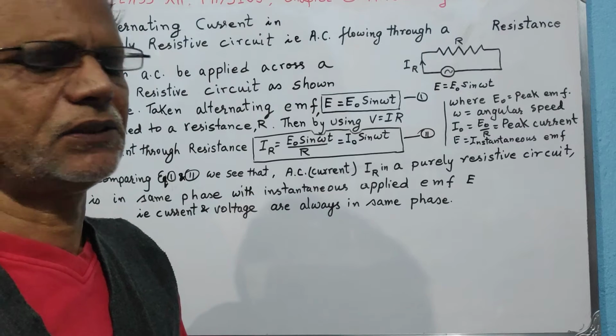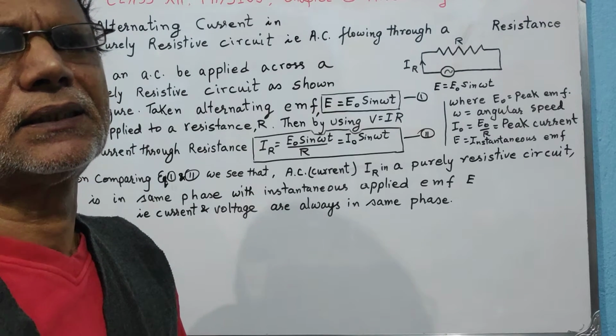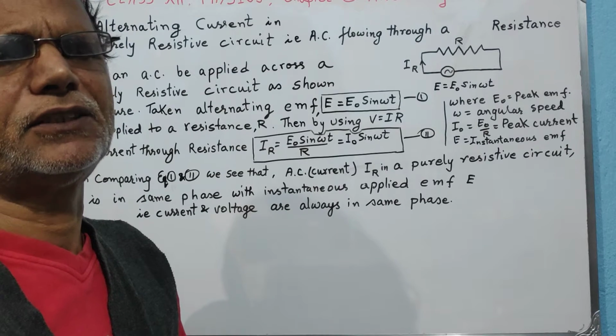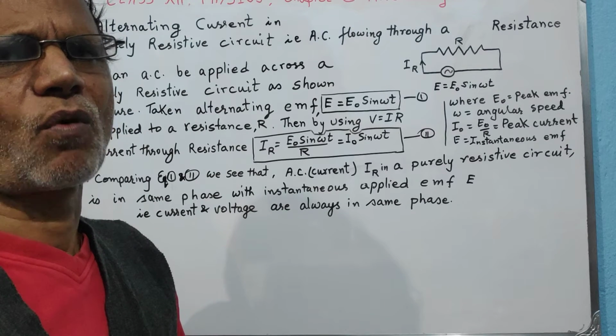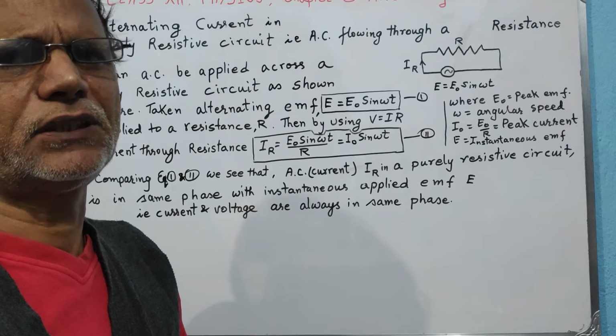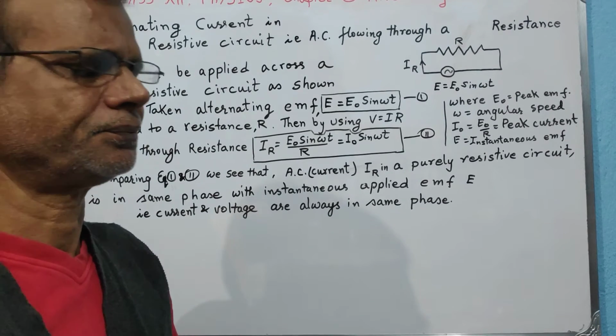and we also assume, for the sake of simplicity, that the epoch of the applied EMF is 0, meaning the phase of the wave at time t equal to 0 is taken as 0.